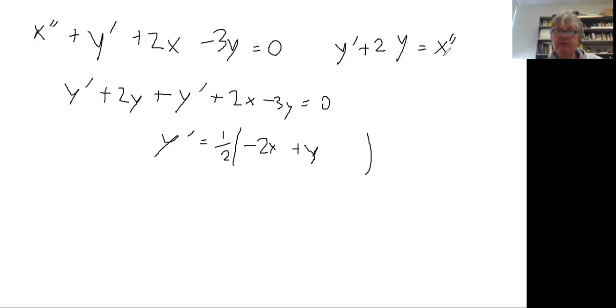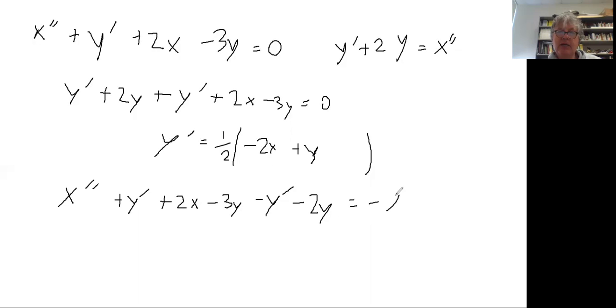Okay, and then to solve for x double prime, we see we can get rid of y prime by just subtracting the two equations. So we get x double prime plus y prime plus 2x minus 3y. We subtract over here minus y prime minus 2y equals minus x double prime.